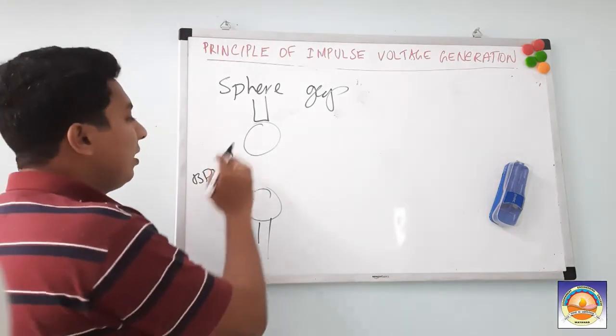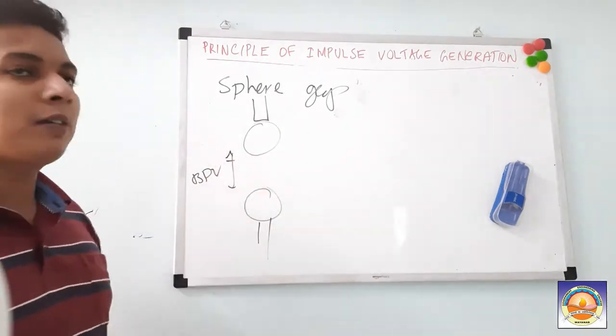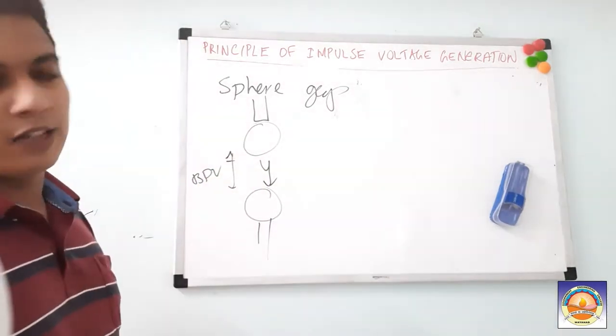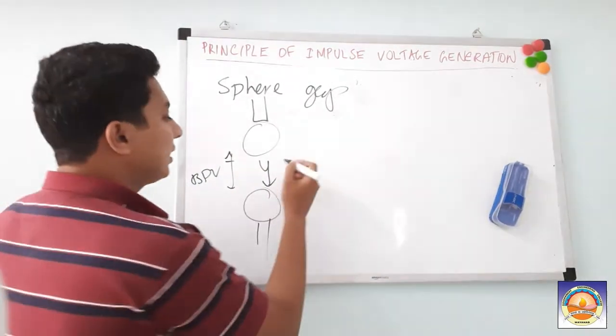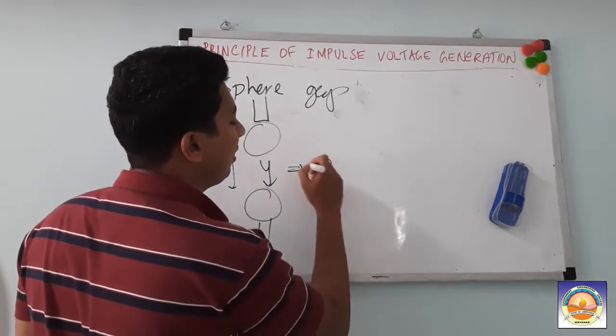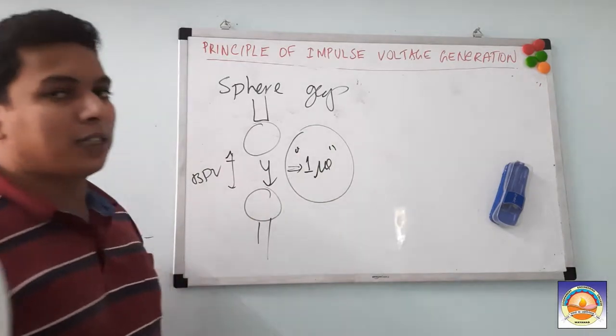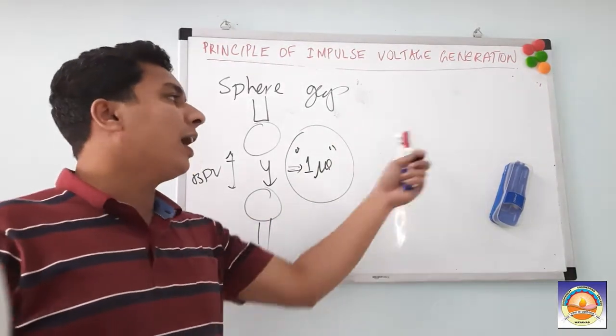Whenever we apply a potential above this breakdown voltage, it will act as a conducting path. Such a phenomenon takes only of the order of 1 microsecond, and that is quite enough for us to make an impulse voltage waveform.